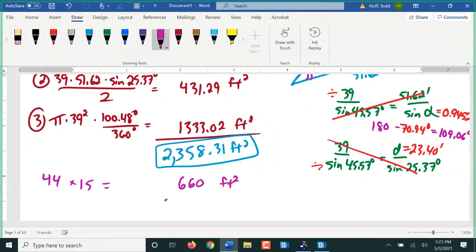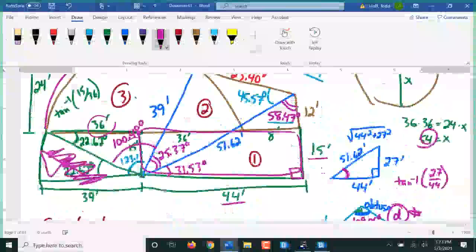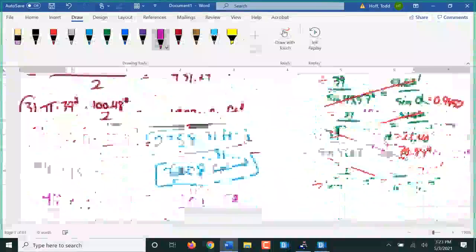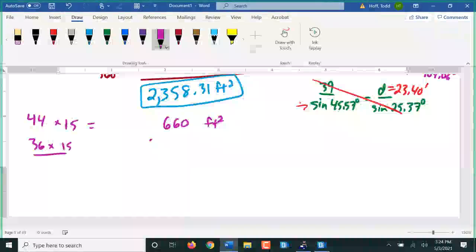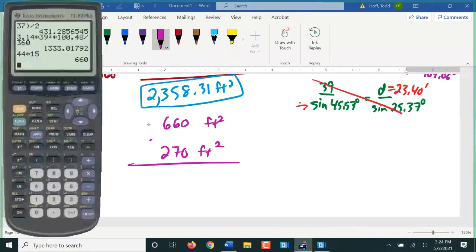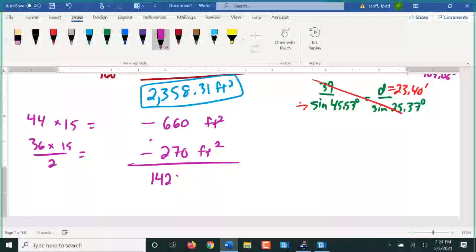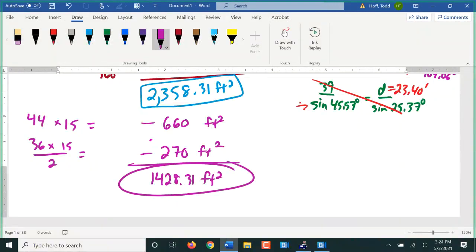And I have this triangle over here that is 36 by 15. So I subtract both of those from the 2358.31. 1428.31. That is the area of the end wall.